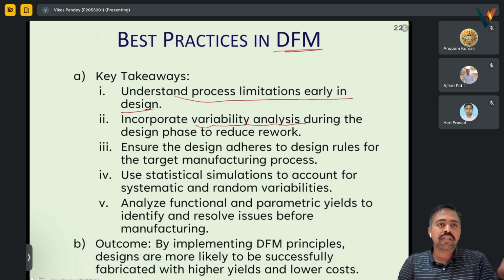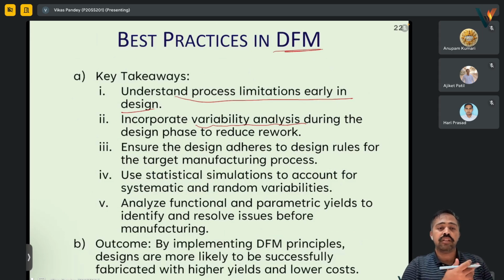It happens many a time that the product is made, then feedback comes, no, this is a problem. Then again it is reworked, then sent, again feedback comes. So all these feedbacks or variability have to be taken care of at the beginning itself.